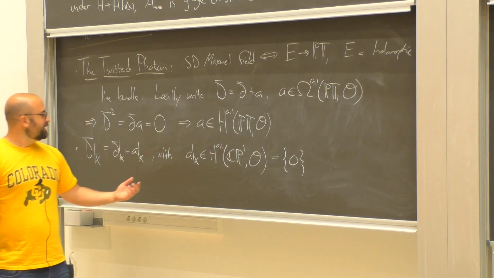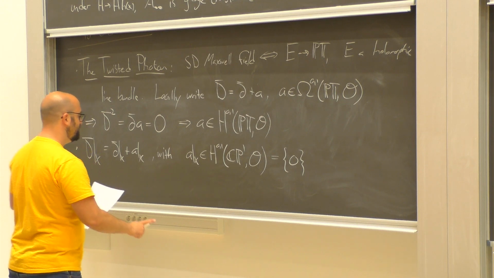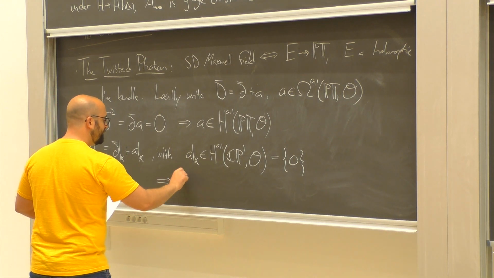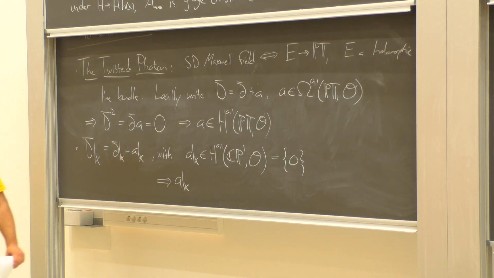Okay, so this object has to be, if it's 0 in cohomology, remember that doesn't mean that it's 0, it just means it's d bar of something.